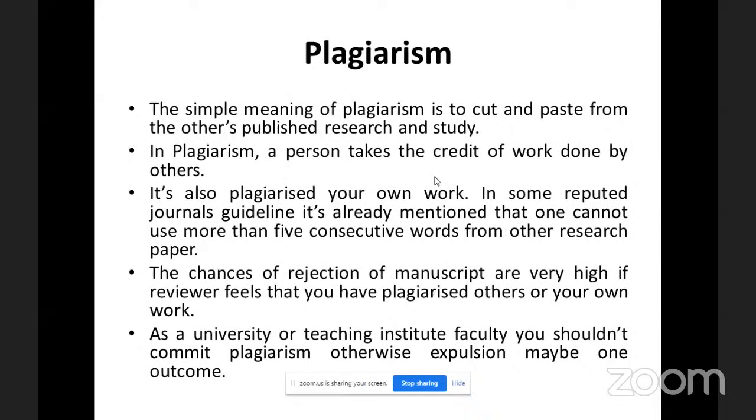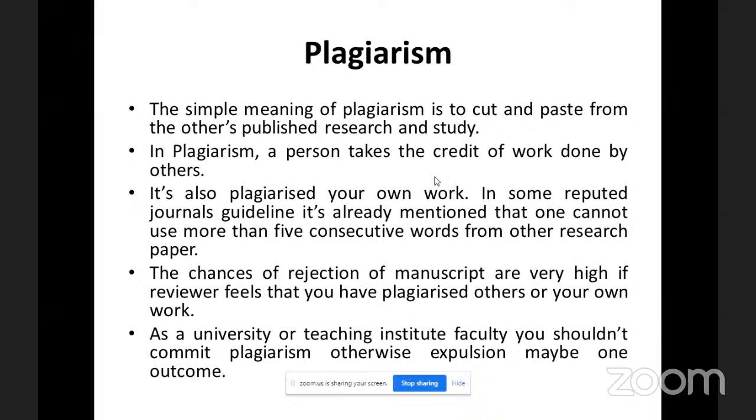Now all this is related to the research paper, how to write the research paper and all that. But nowadays there is one more very critical issue, and that is related to plagiarism. Generally the simple meaning of plagiarism which a common researcher knows is just copying things from other published work into your paper, copy and paste.